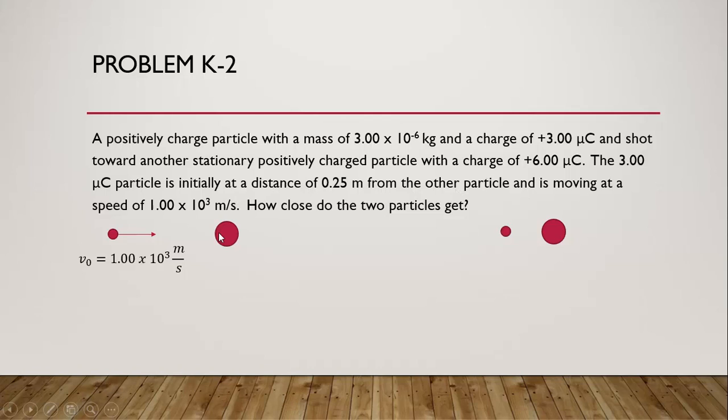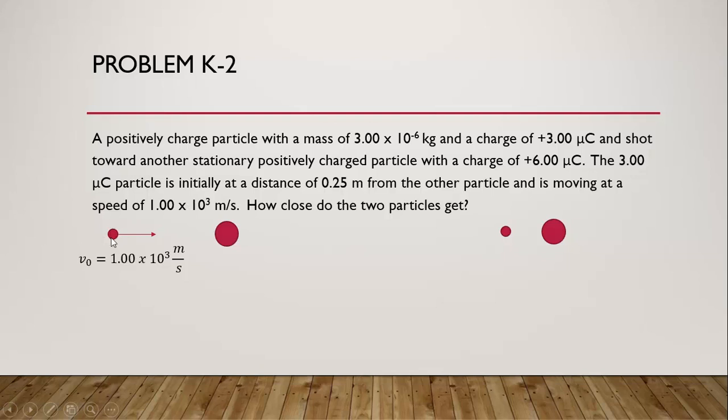We're going to assume this stationary particle is not only stationary, but fixed. It can't move, or it's so large that it's not going to move in comparison to this particle. The 3 microcoulomb particle is initially 0.25 meters from the other particle and moving at 1,000 meters per second. I want to know how close the 2 particles get, before it can't get any closer.